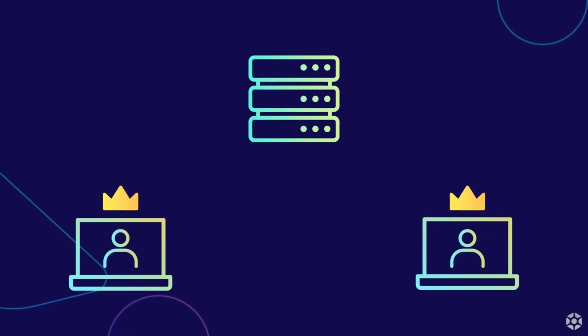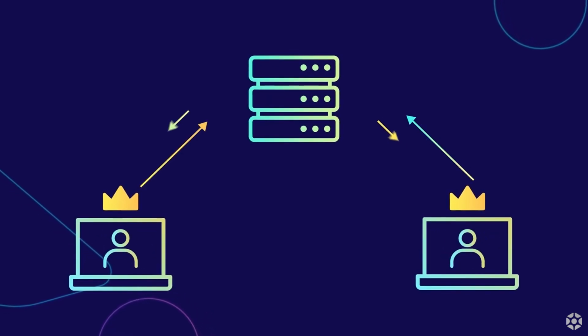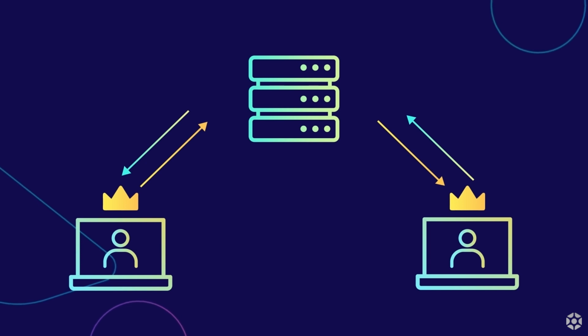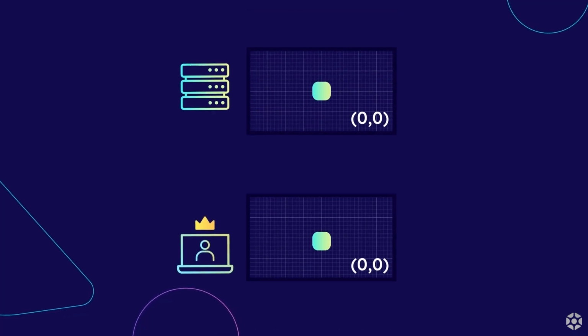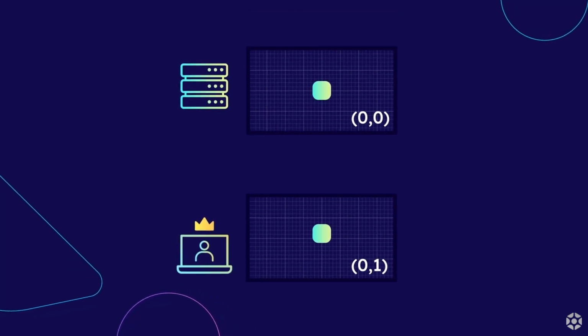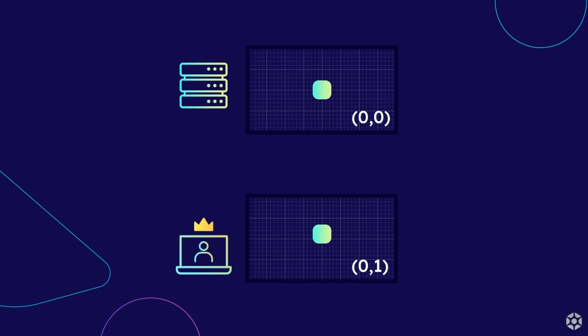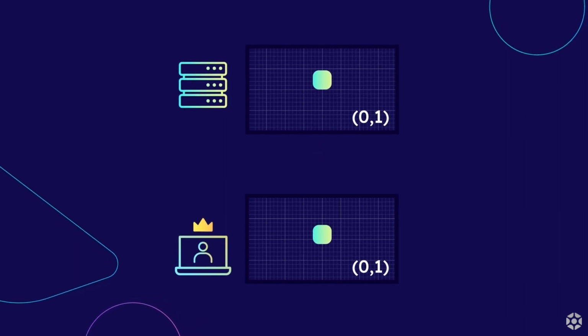In case of client authoritative, the players will calculate the effects of their actions locally and send that information to either a server or to other players directly. For example, when one player wants to move forward, they will calculate that their position has changed from 0,0 to 0,1 and send that newly calculated value to the server.